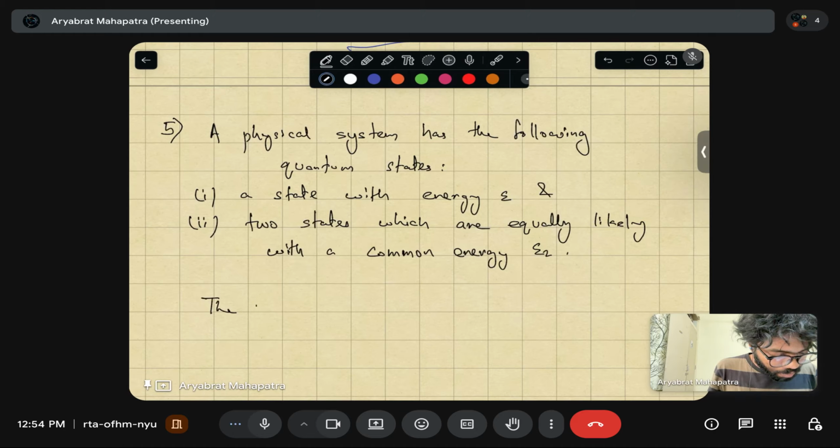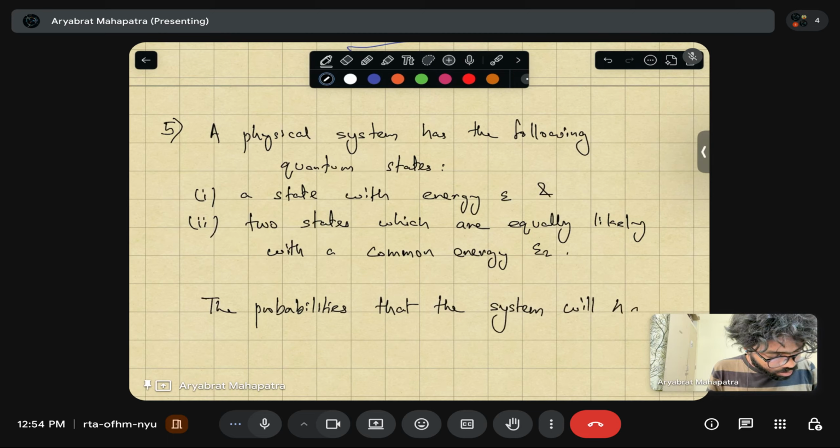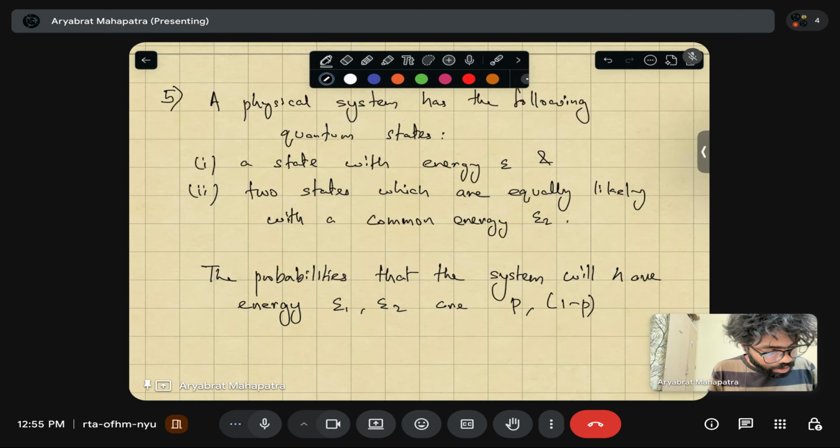The probabilities that the system will have energy epsilon 1 and epsilon 2 are P and 1 minus P respectively.